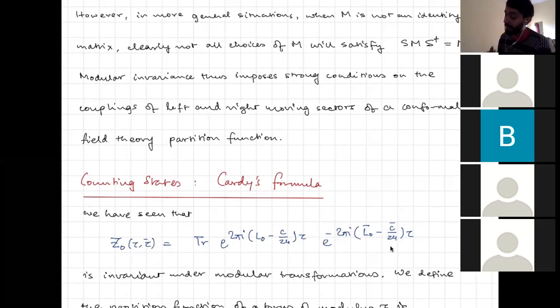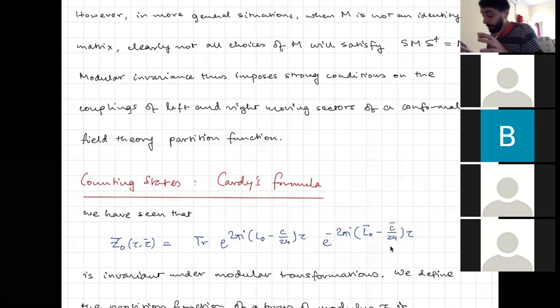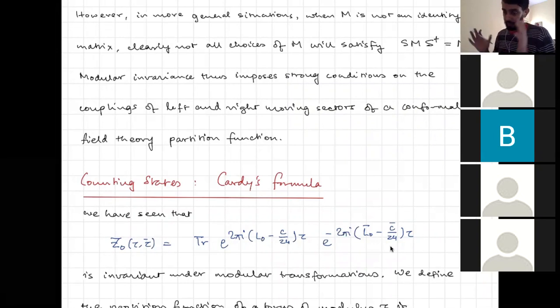So what is happening is that modular invariance will impose strong conditions on how the left sector and the right sector of a CFT partition function can be glued together. And this is a useful thing. It's a little formal, but I think, going forward, you might find this useful.